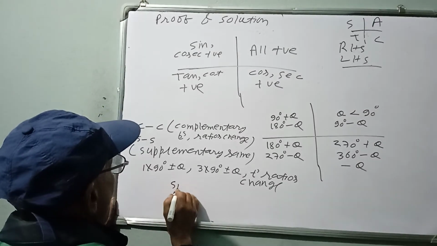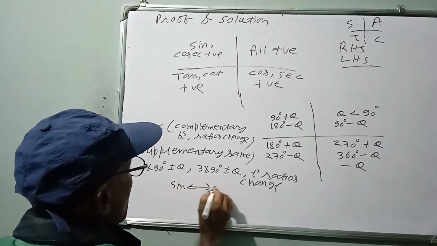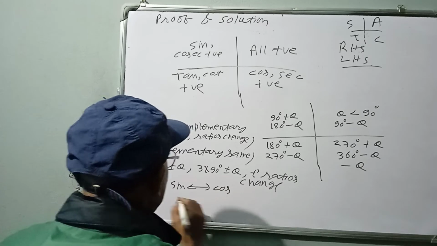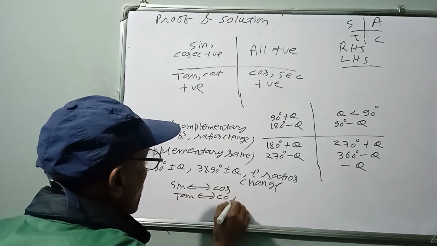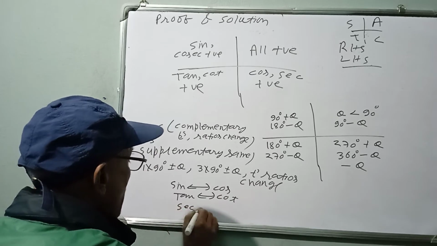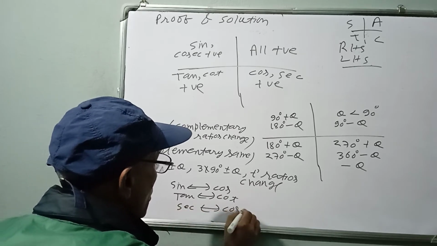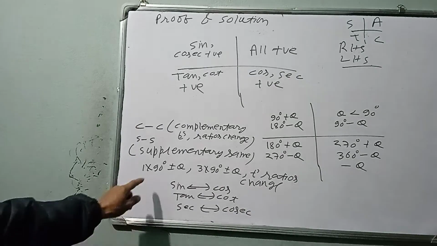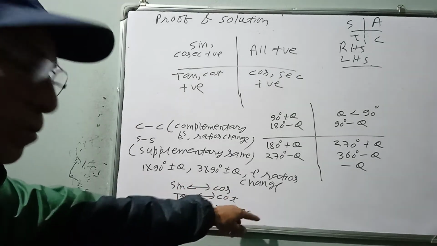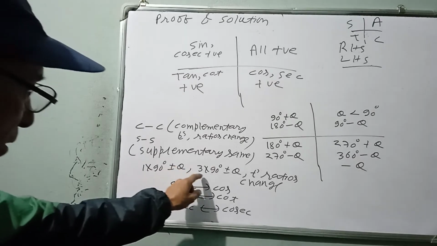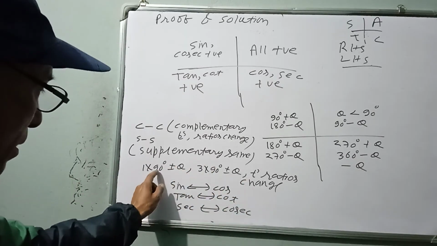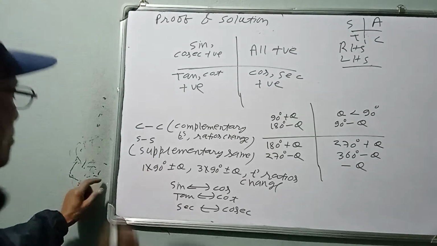For example, how does sine change? Sine into cos, cos into sine, tan into cot and cot into tan, sec into cosec, cosec into sec. You have to see 1 into 90, 3 into 90, 5 into 90, the 90 degree multiple or number.